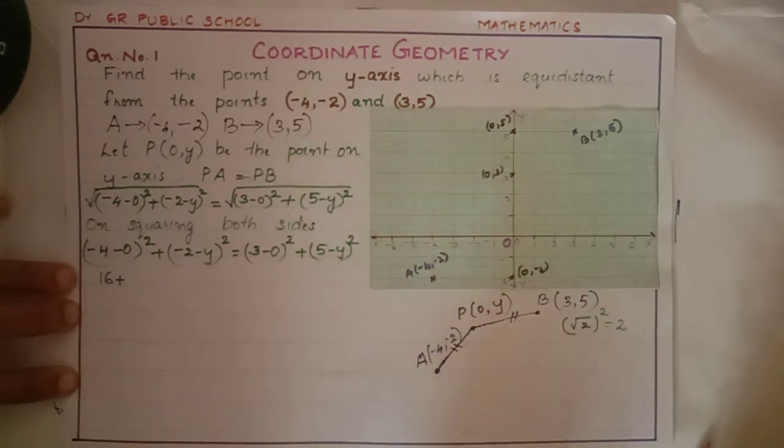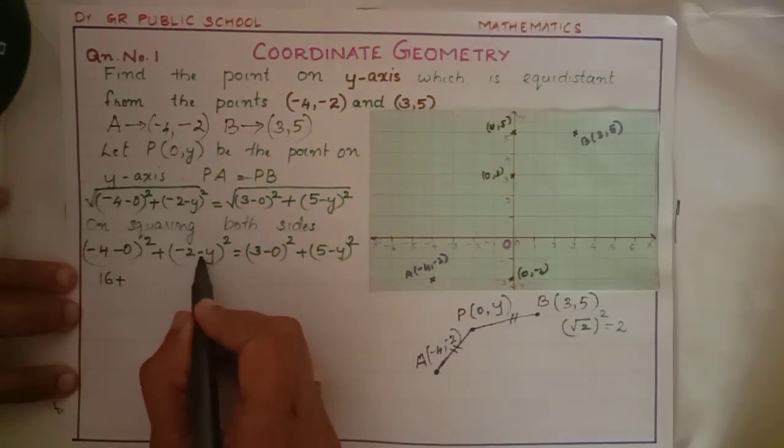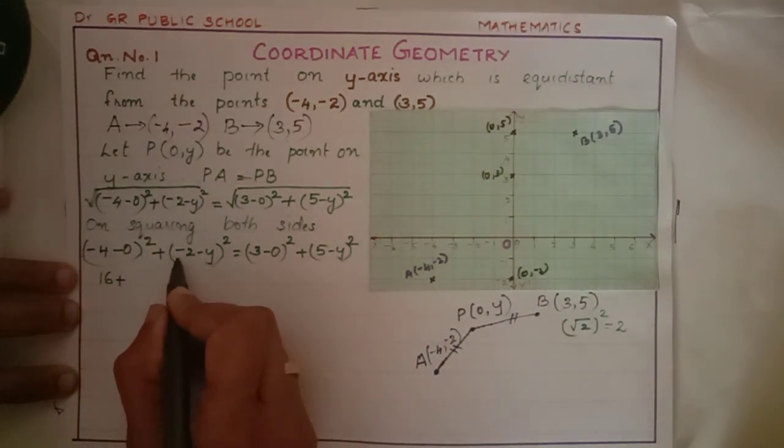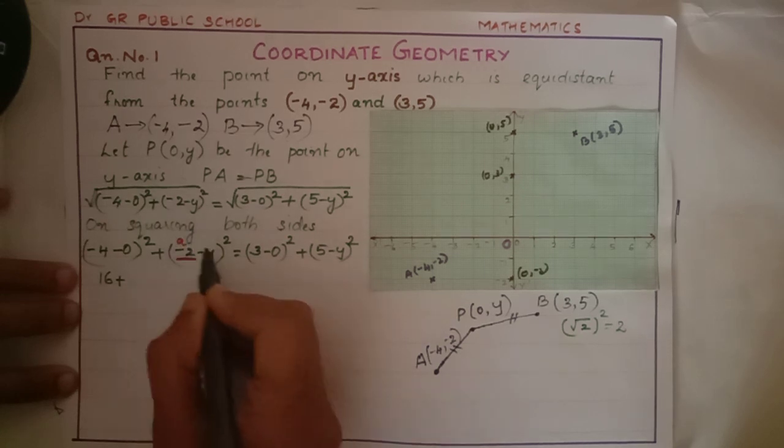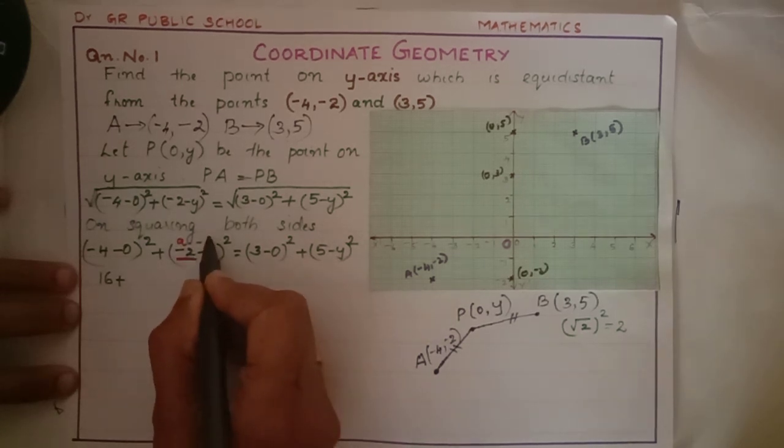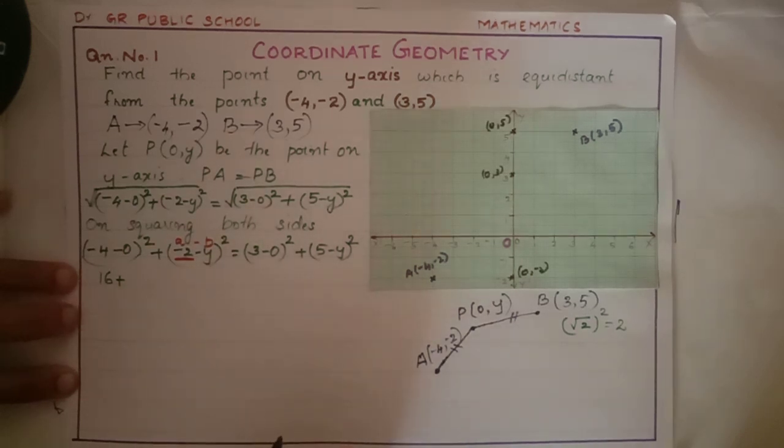So which identity applies? (a minus b) the whole square, isn't it? What is a? Here a is -2 and b is y. Okay, children.